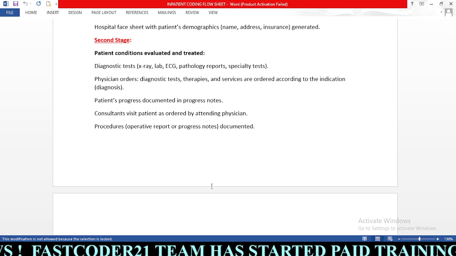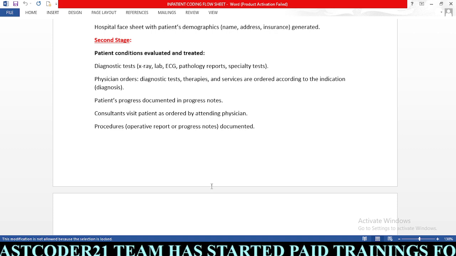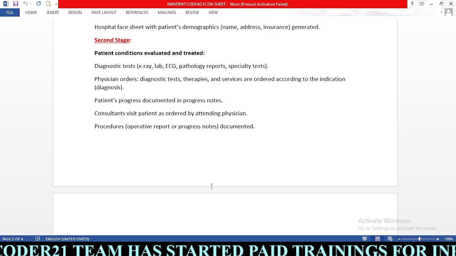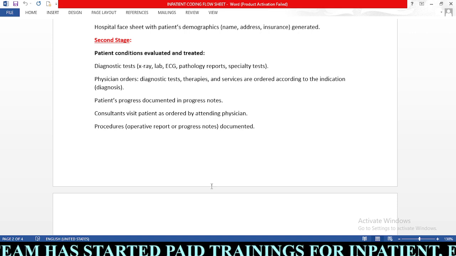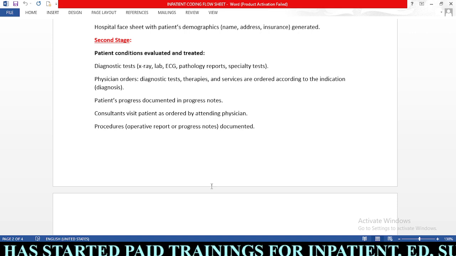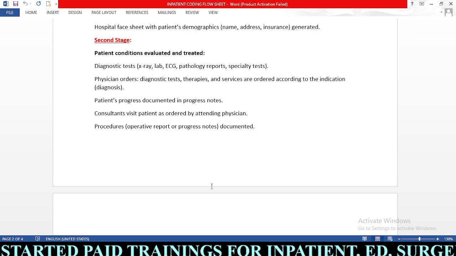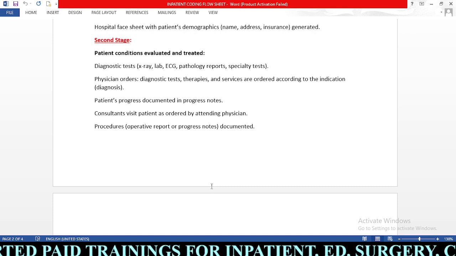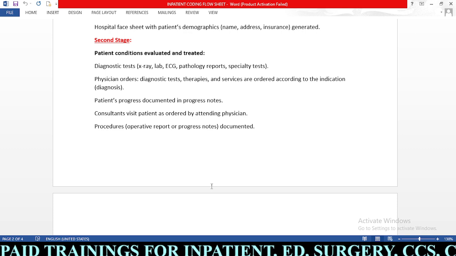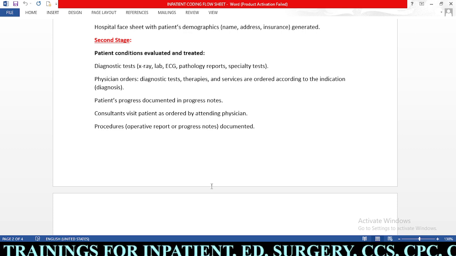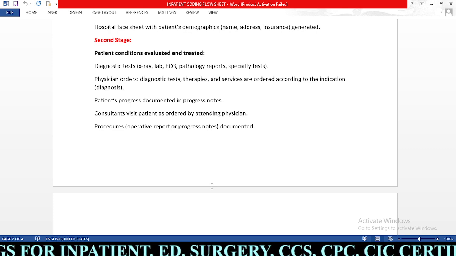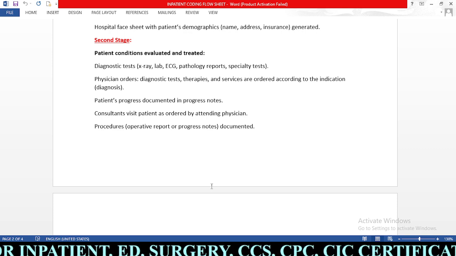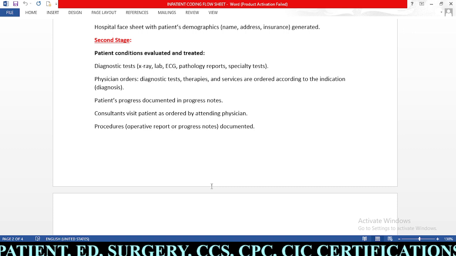The second stage consists of the patient's condition being evaluated and treated by the physician. So how does the physician treat the patient? Using diagnostic tests like X-ray, lab, ECG, pathology reports and other specialty tests based on the patient's condition and its severity.